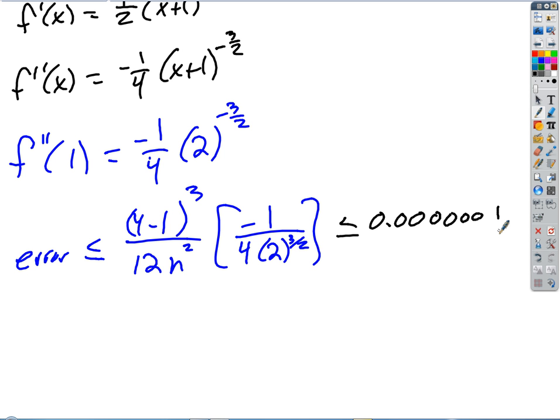Okay, so my goal here is just to solve for n. Now, what do I do to get n by itself?